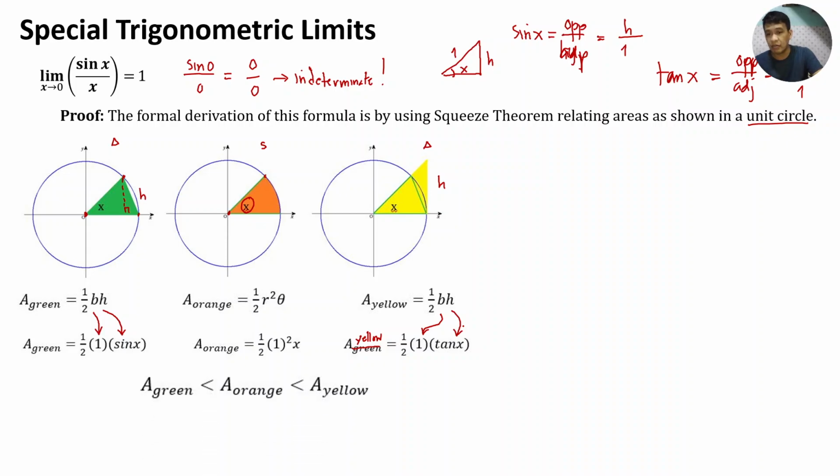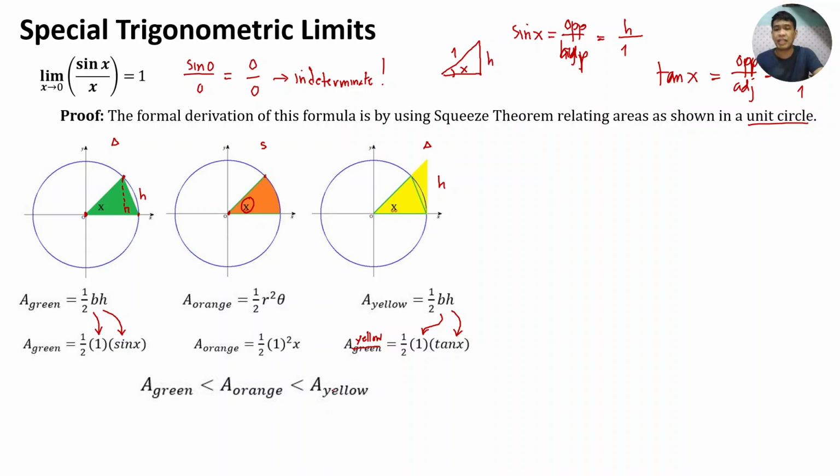So, simplifying, we have area green is less than area ng orange, of course, kasi nga, pag isinama natin itong portion na to, magiging ito na. Therefore, area ni green is less than area ni orange. And since meron pang additional shaded dito, that must be less than area of the yellow triangle.